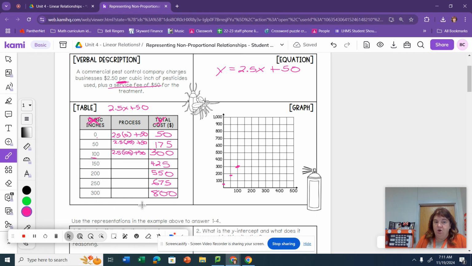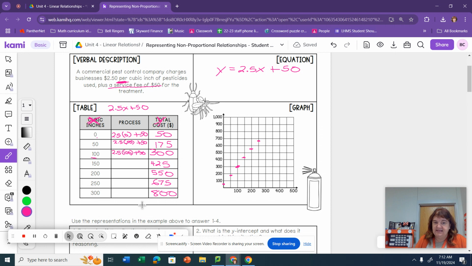300. When we're at 150, we'd go to 425. And then when we're at 200, we're going to go to 550. And when we're at 250, we're going to go to 675.